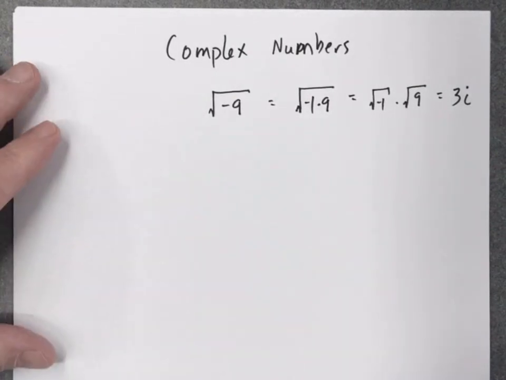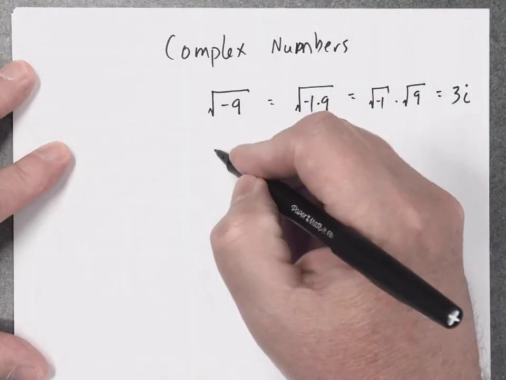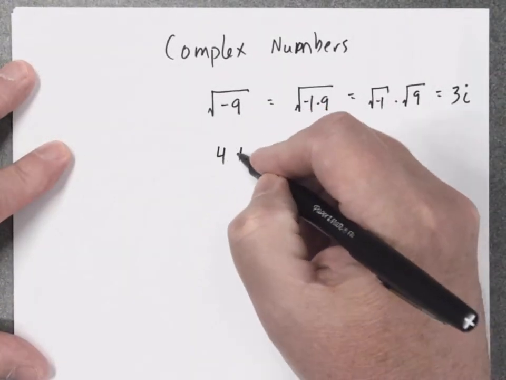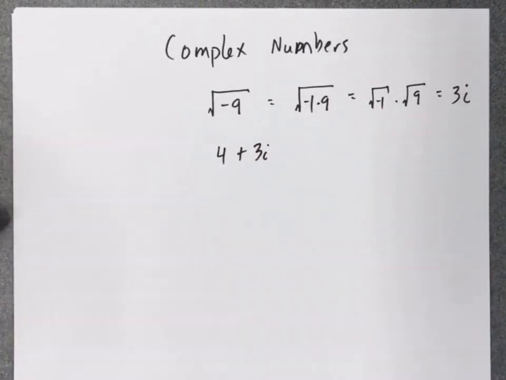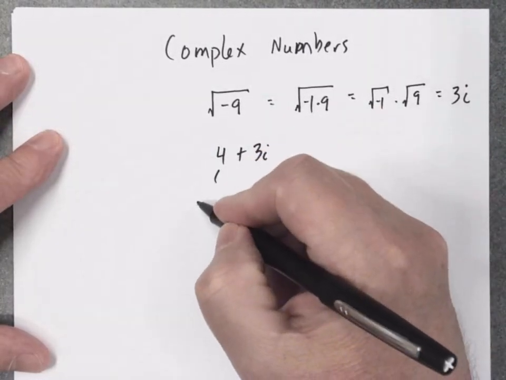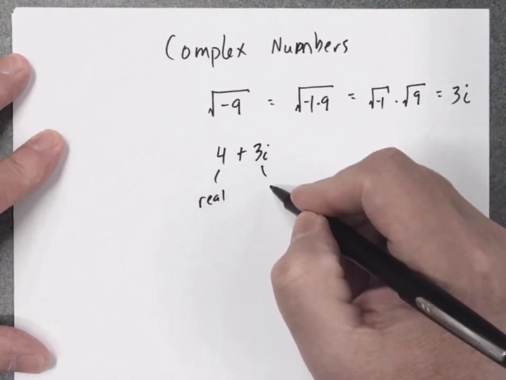Now, if you recall, complex numbers have two parts. So here's an example of a complex number. 4 plus 3i. 4, if you remember, was called the real part.